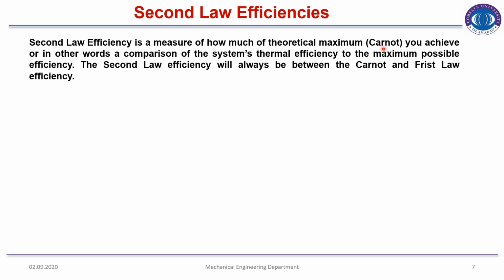So the value of Carnot heat cycle efficiency or thermal efficiency of Carnot heat engine is maximum. So for a practical heat engine, the value of efficiency will always be less than the Carnot heat engine efficiency.